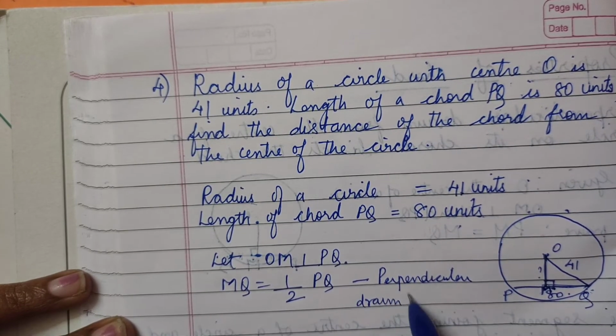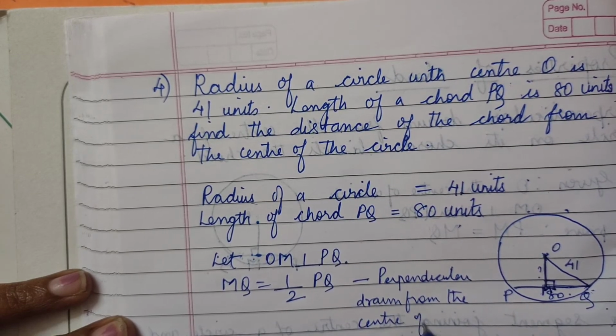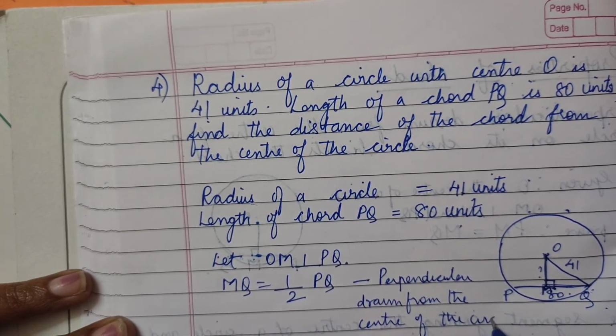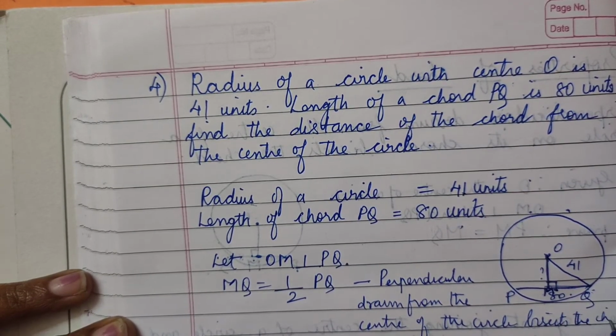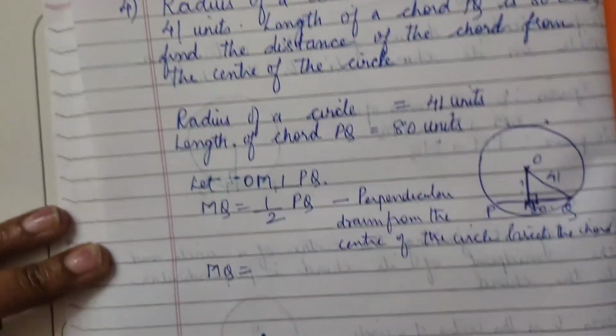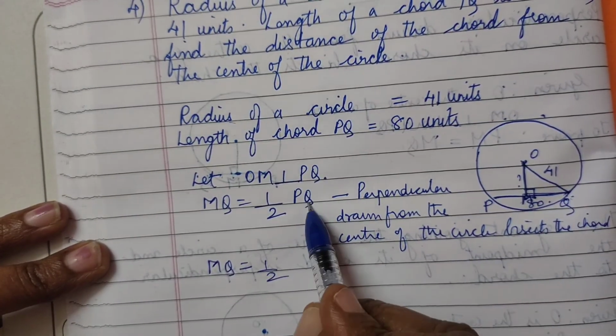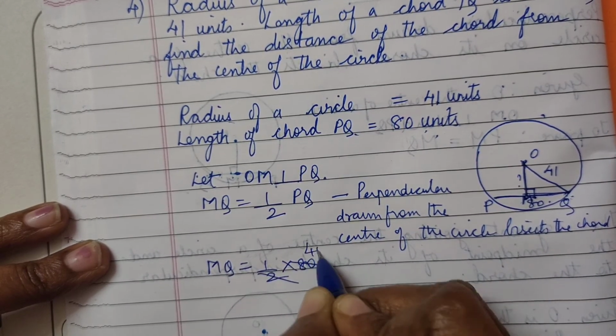Perpendicular drawn from the center of the circle bisects the chord. Okay, we have written this. Then we are writing MQ is equal to half of PQ. What is PQ? We have just now written here 80. So how much do you get?